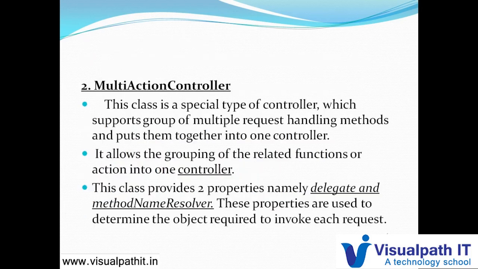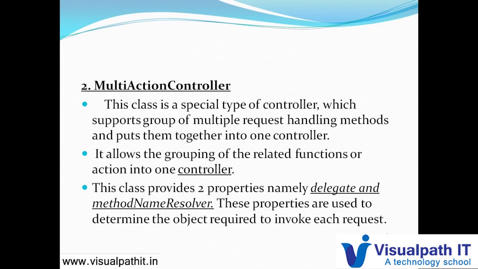Next is the multi-action controller. This is also another class, which is a special type of container which supports a group of multiple request handling methods. Or in other words, we can say it puts the methods all together into one single controller.